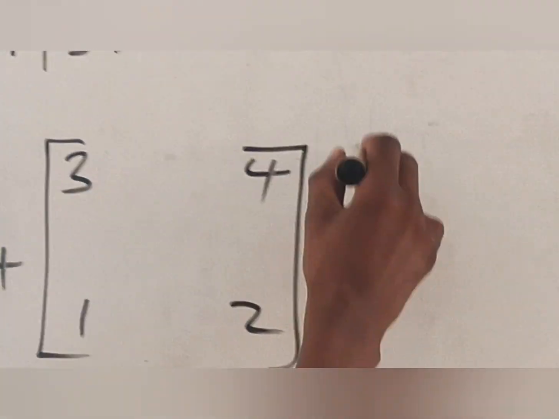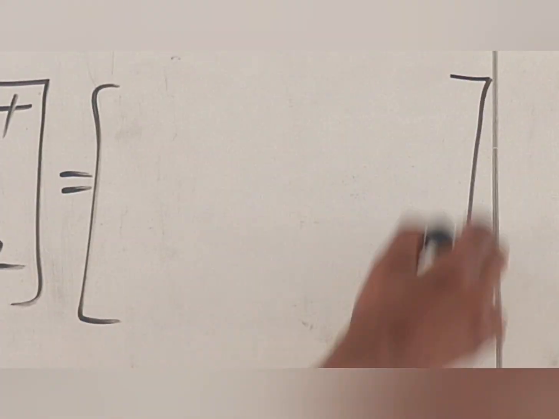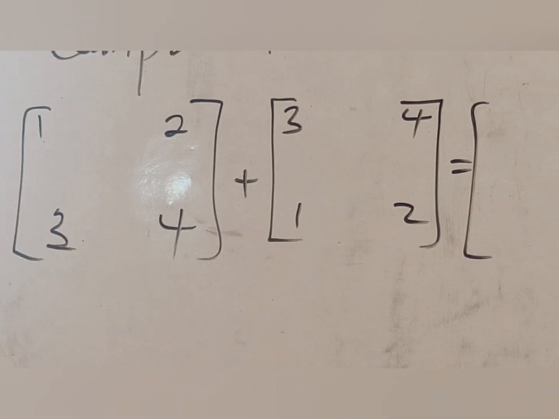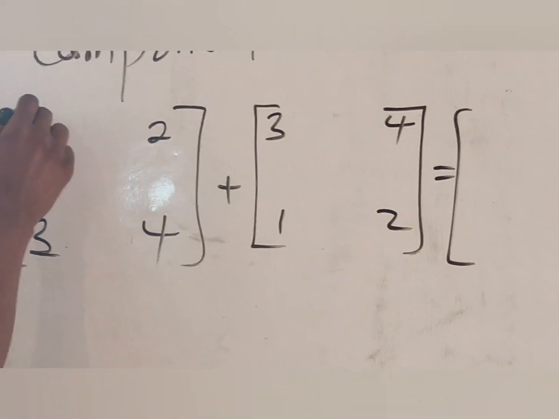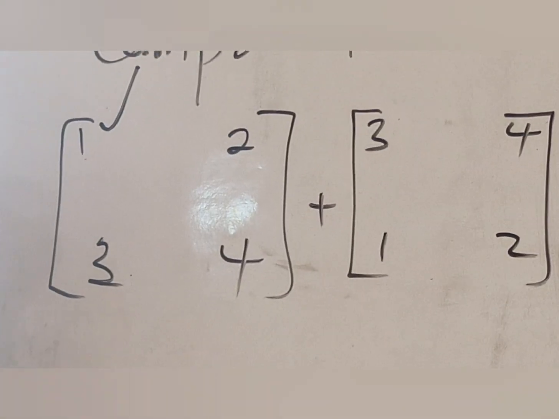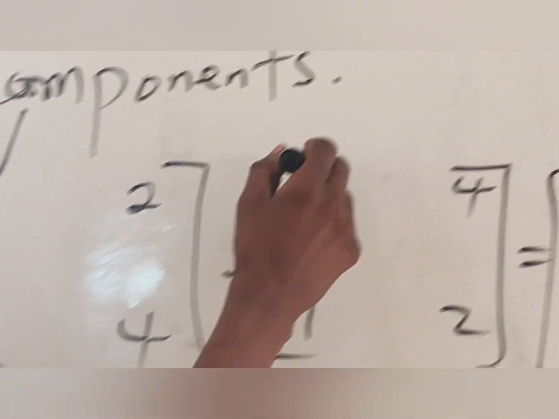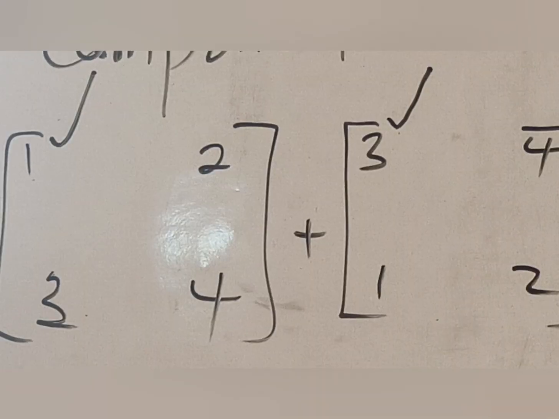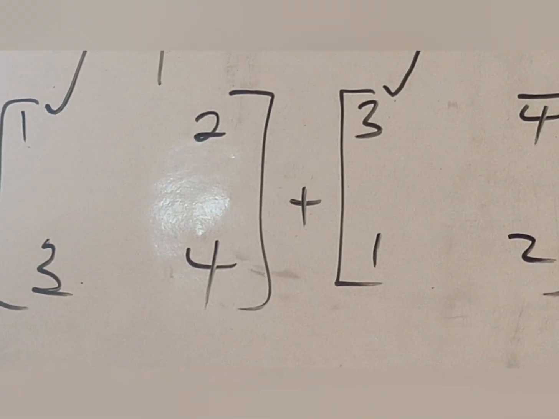Let's add them. Everybody watch. We said we add corresponding components. So pick the first entry on the top left in the first matrix, and the top left in the second matrix. That's corresponding. Do you see the meaning of corresponding? Yes.